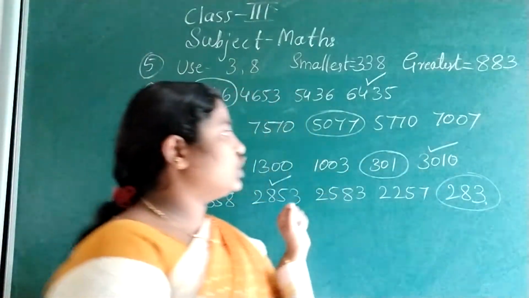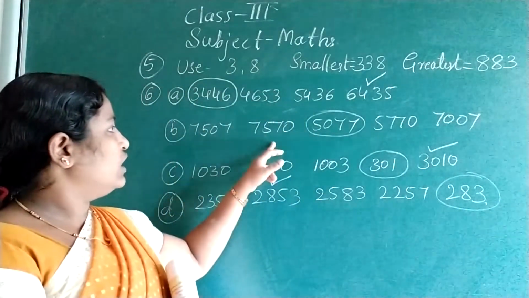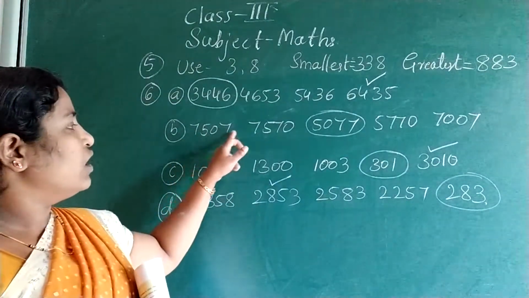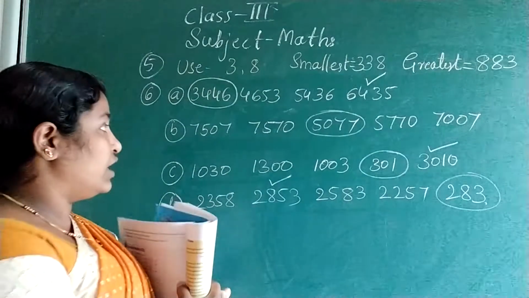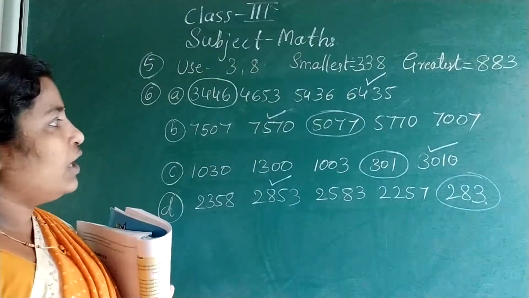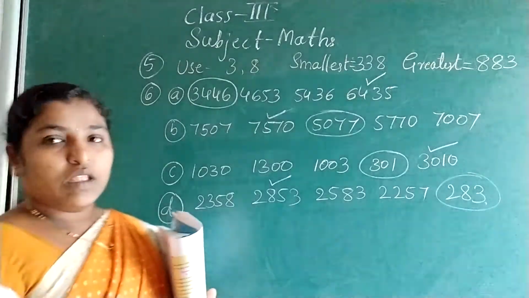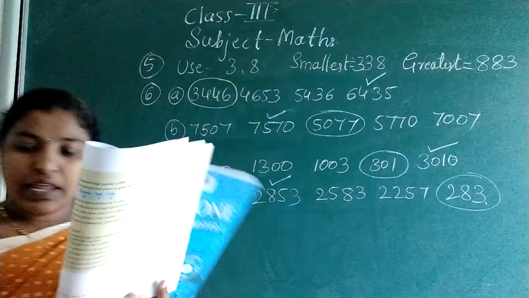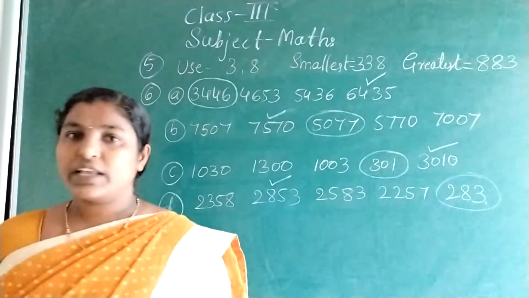This is 0. So in these two we should check. So 507, 510, 70. So this is the correct one. Okay. Yeah, that was correct, first time only it was correct. And the next question. Let's go for the next question.